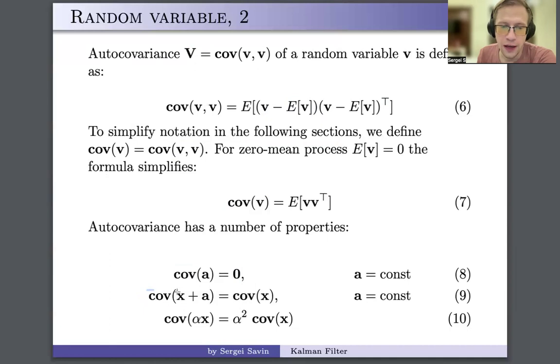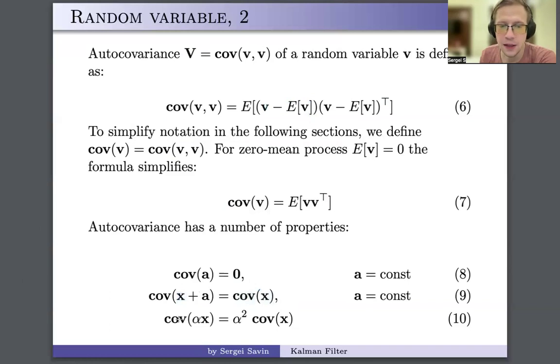Covariance of x plus a constant is covariance of x, because adding a constant will only shift the mean. Right? When you do this operation, the constant will be deleted from the expression. So covariance of x plus a constant is covariance of x.